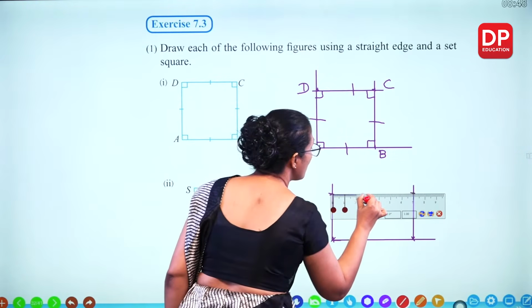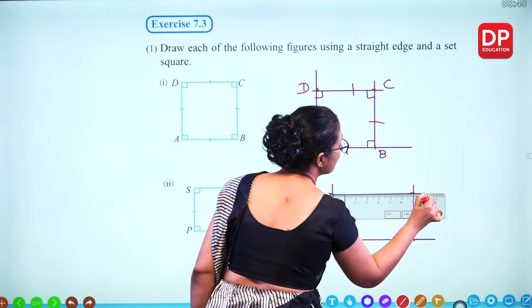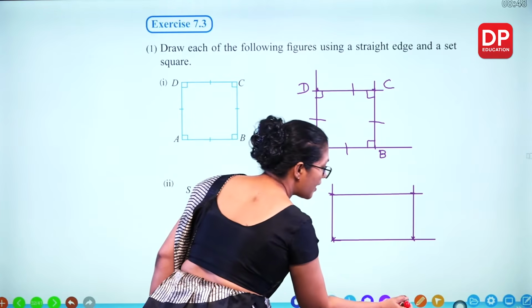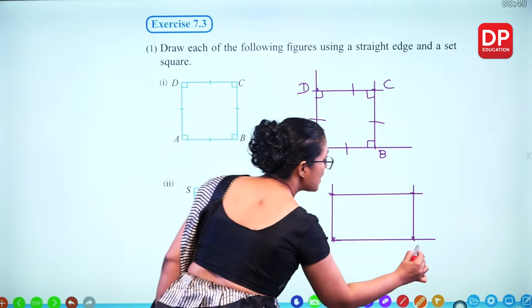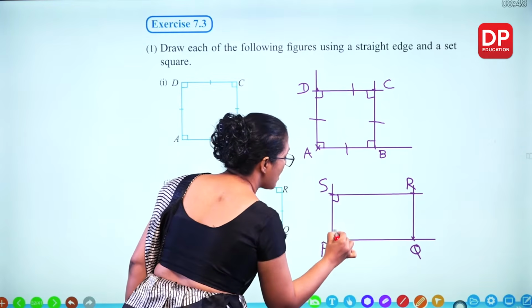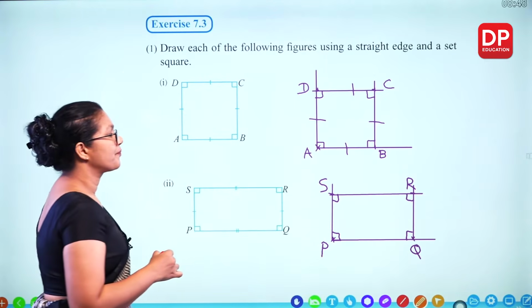So I get the rectangle PQRS, and these are perpendicular to each other.